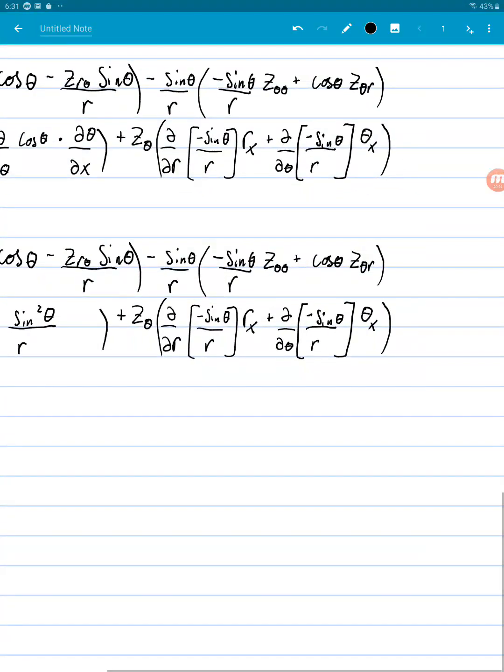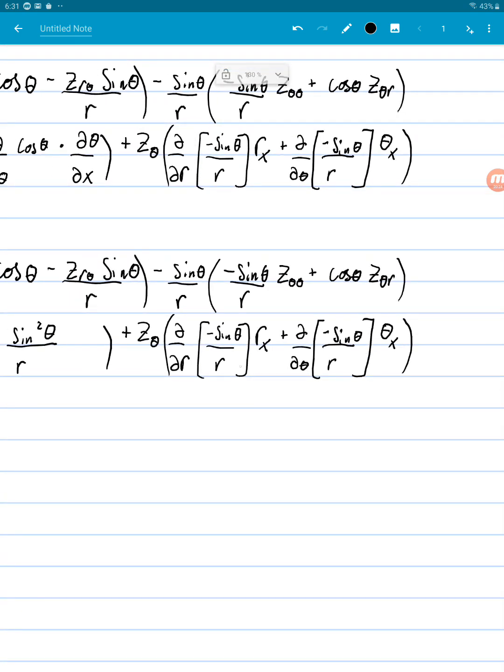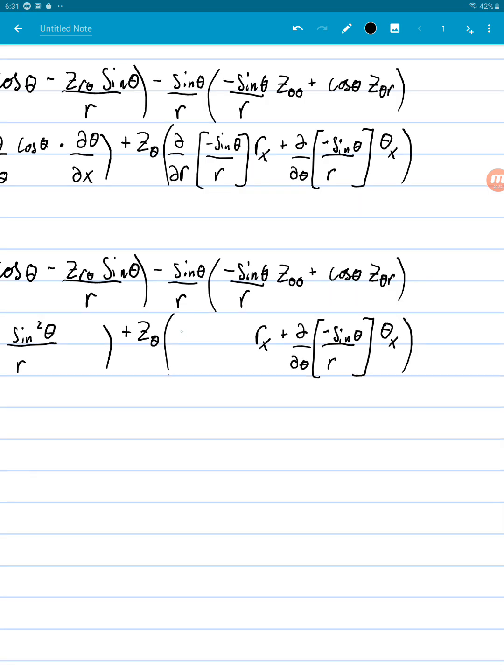Then we'll have the partial derivative of negative sine theta over r with respect to r. That is going to be positive sine theta over r squared. It's being multiplied by r sub x, so that's going to be sine theta cos theta over r squared.